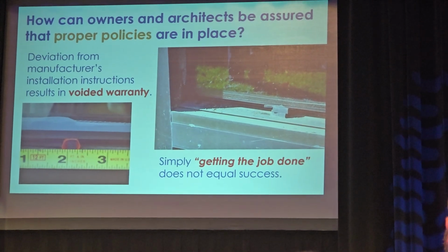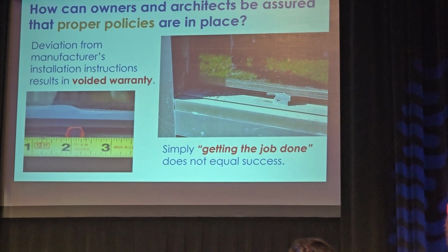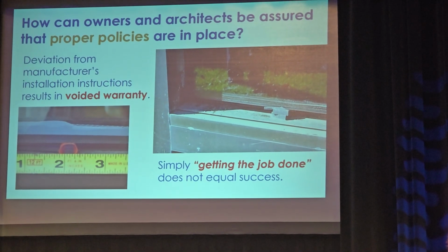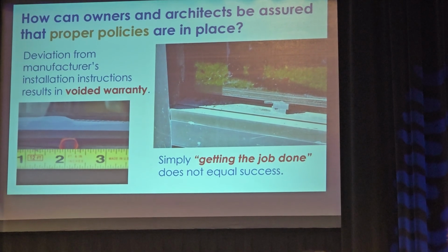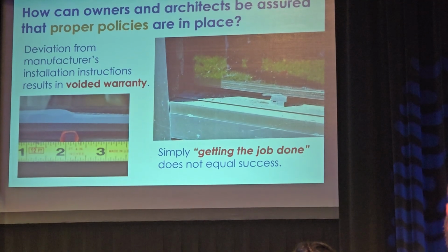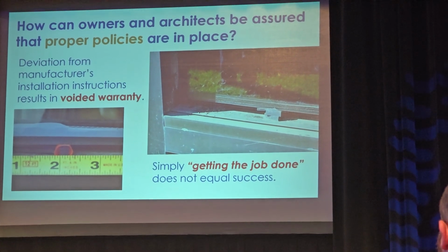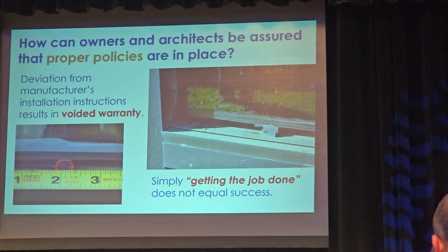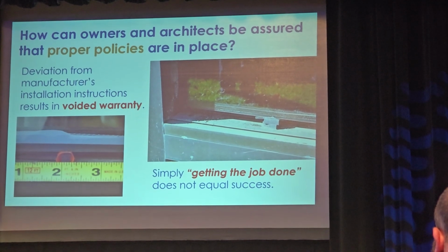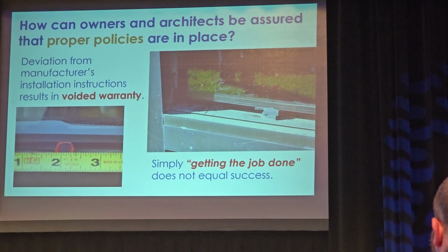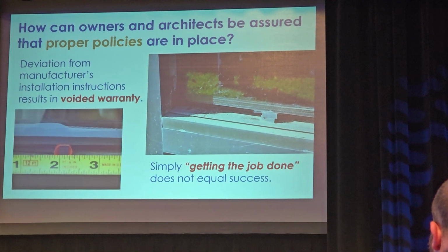Getting the job done correctly, ensuring that it's done right, that it's going to be successful, that the system is going to have its life expectancy. Coming back 2 or 3 years later to reapply sealants because things weren't cleaned properly to begin with, or the right sealant wasn't even used in the first place. These are all very costly and completely preventable mistakes.